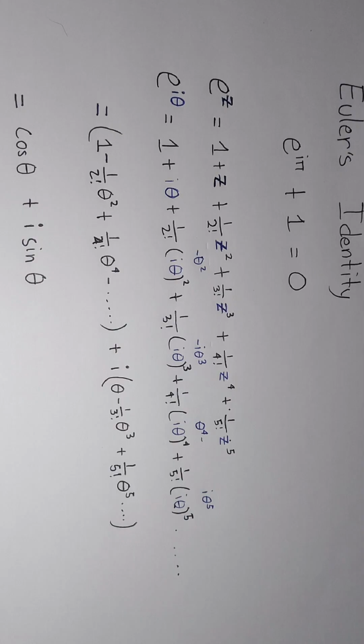So we have the answer equal to cos theta plus i sin theta, and we can now get the Euler's identity formula, which is e raised to the power of i pi plus 1 is equal to 0. To get the Euler's identity formula, we use the cos theta plus i sin theta.